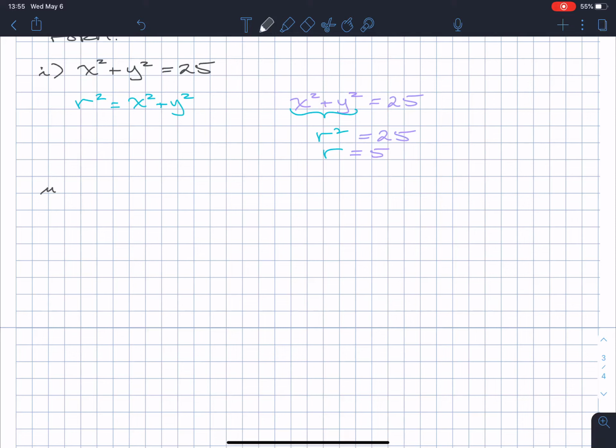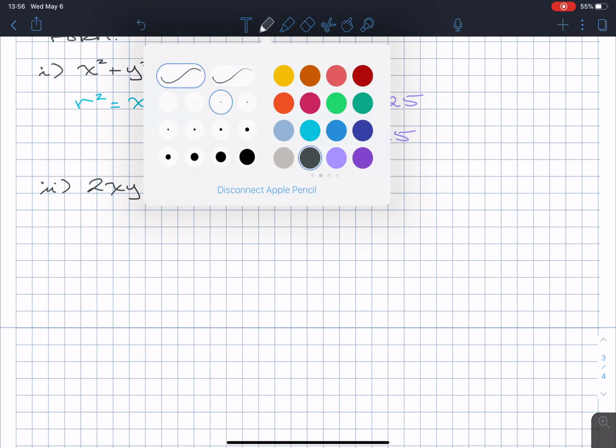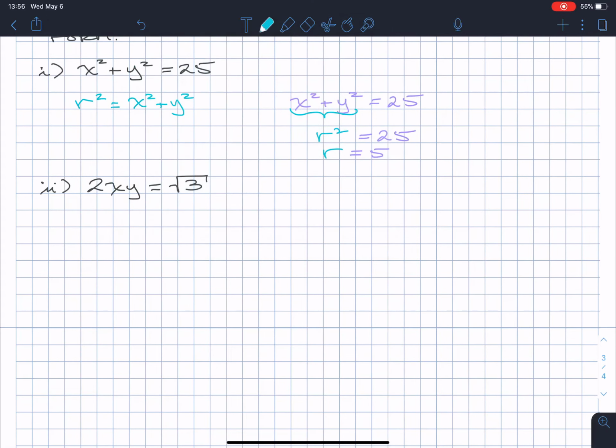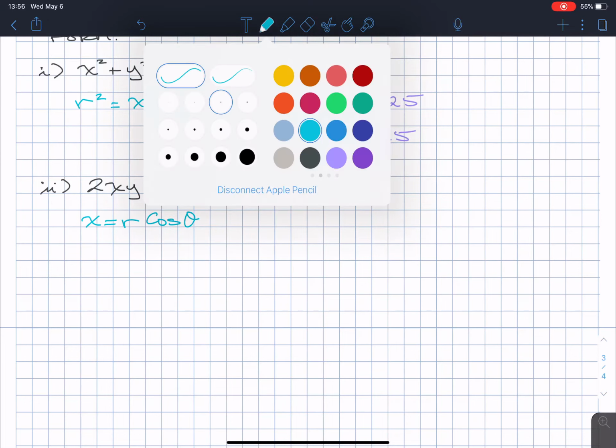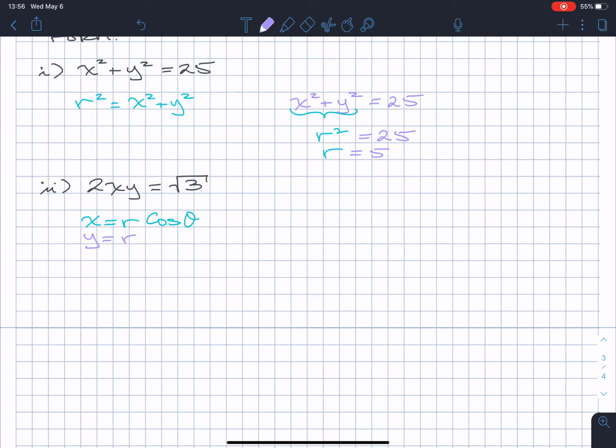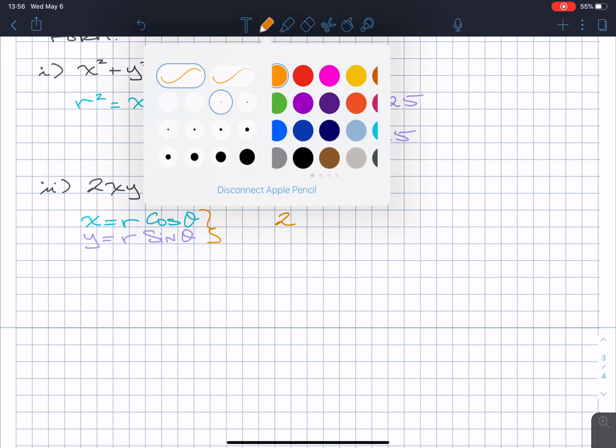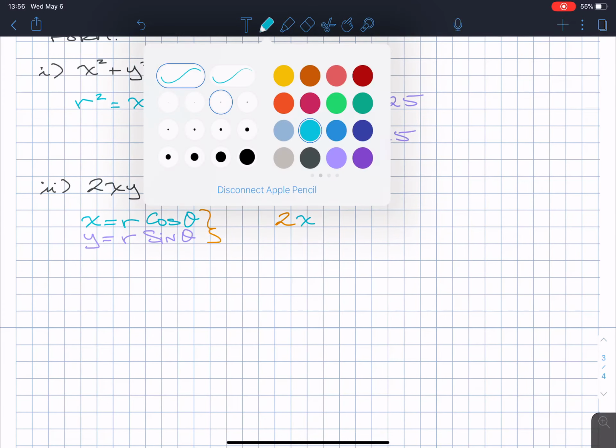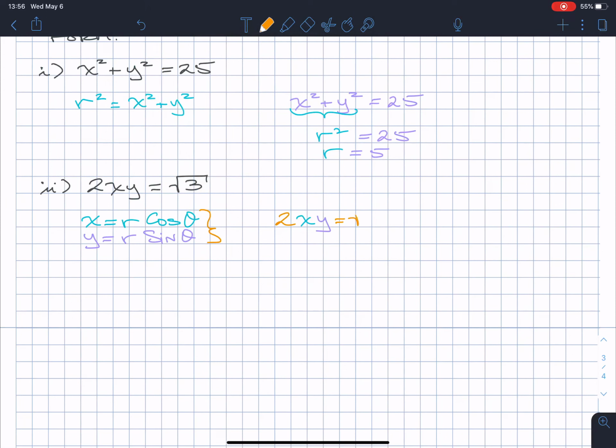So number 2. So let's say I have 2 times x times y is the square root of 3. Okay, so first off, I know that x is r cosine theta, and I know that y is r sine theta. So what I'm going to do is use that to rewrite 2 times x times y is equal to the square root of 3.